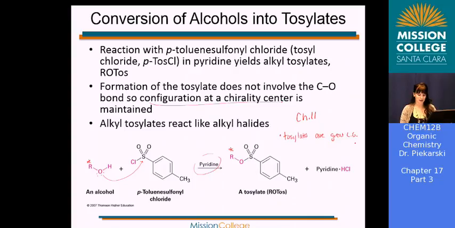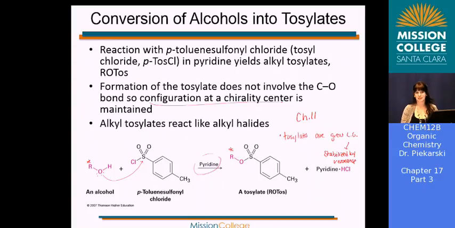Why do you think they're great leaving groups? It's because when they leave, they're stabilized by resonance. That makes it very stable. It wants to leave, right? Because it wants to be stabilized by resonance.